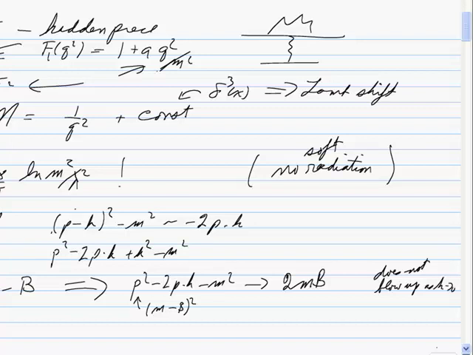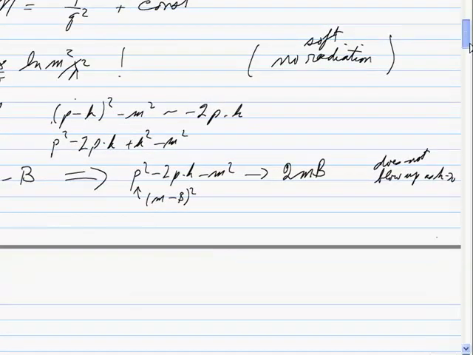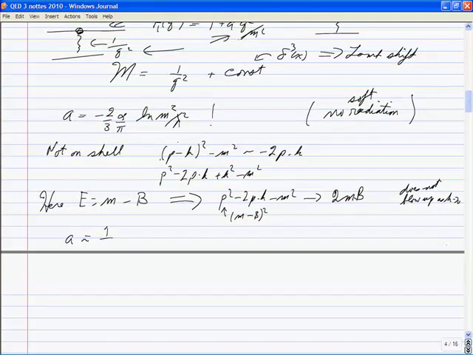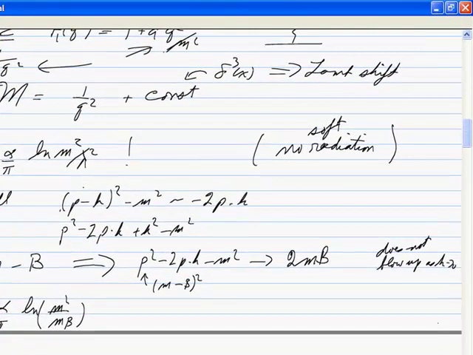So the effective thing that you really get then is A is roughly minus 2 alpha over 3 pi log m squared over mb, which is nice and finite, and in fact the reason why the vertex direction was so much bigger was this m over b is a big number.